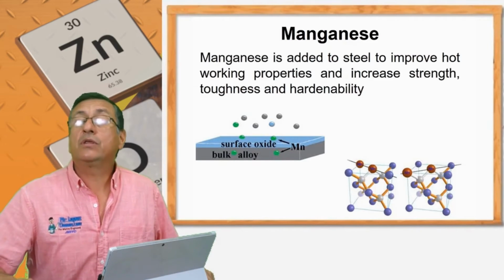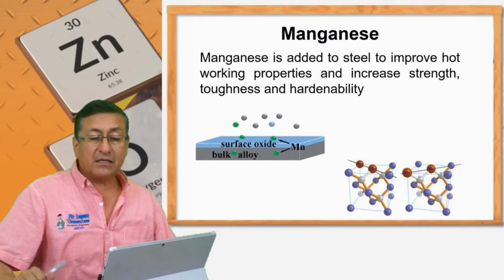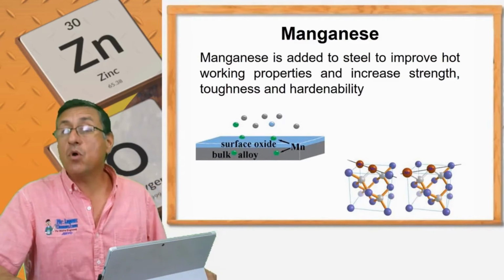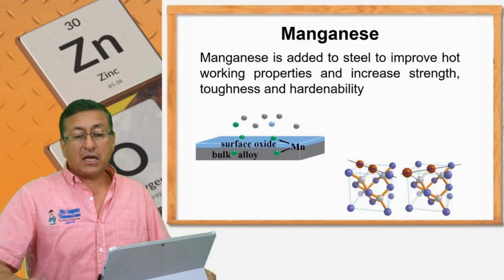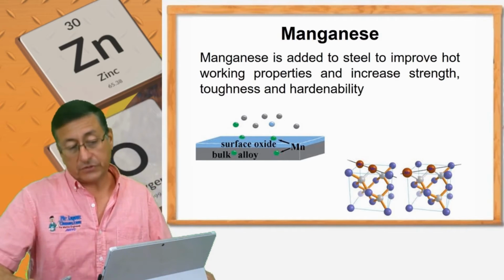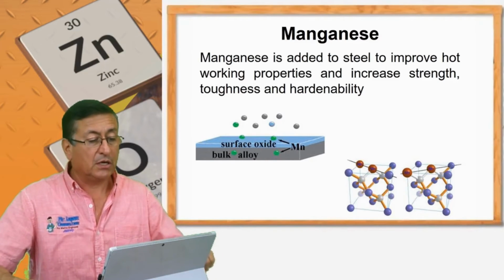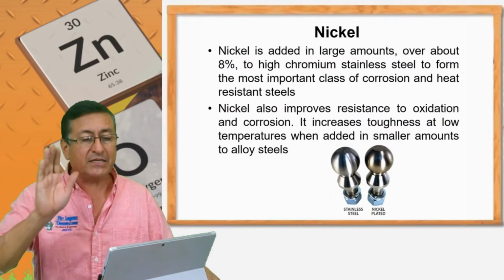What happens when you have manganese in the alloy? Manganese is added to the steel to improve hot working and increase the strength and the hardness on the surface. This is another important component in those alloys. What about nickel? Oh, nickel, magic.